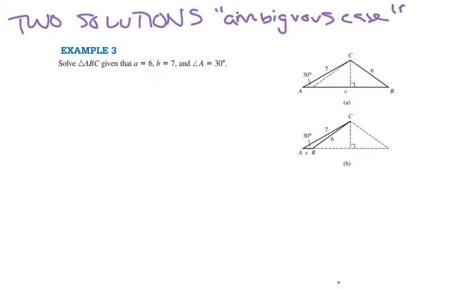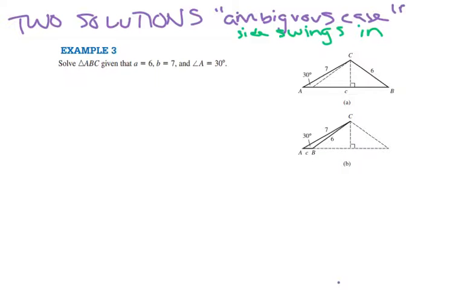And so it actually can swing in and make a second triangle that still has an angle of 30, still has a side length of 7, but now has that side of 6 that has swung in. So you end up getting an obtuse triangle where you could have had an acute triangle.